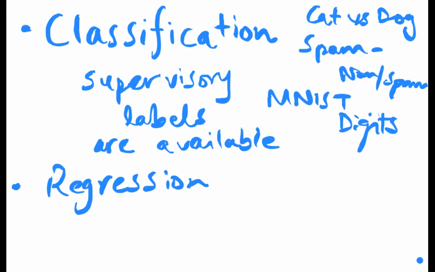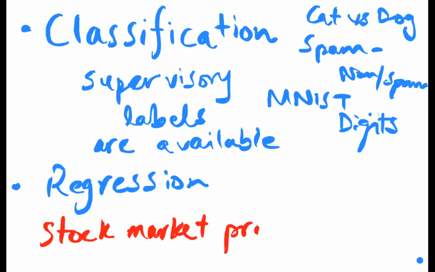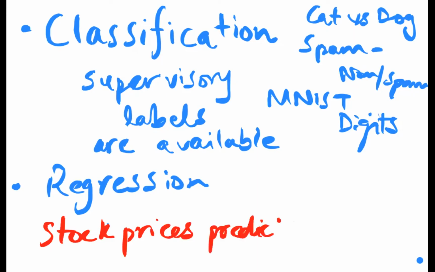For example, stock price prediction, because the output is a continuous number.